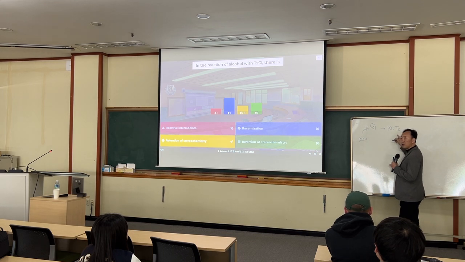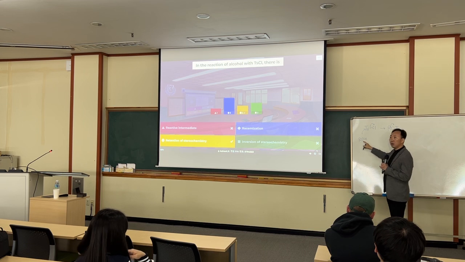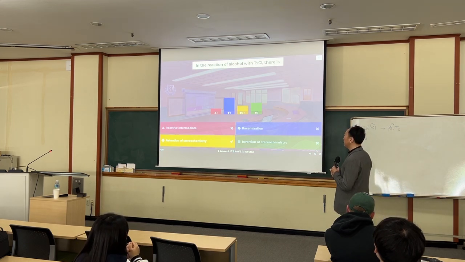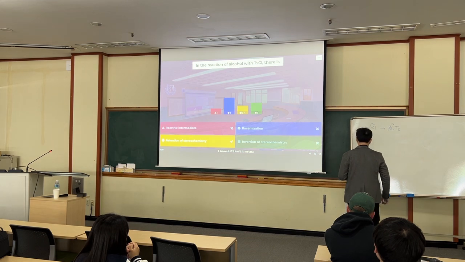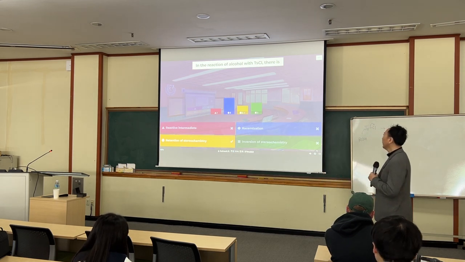This intermediate is formed. Next step, nucleophile will attack here and then release the whole tosylate, including this oxygen. So this is activating of alcohol, the hydroxyl group, and that forms an intermediate, but it's a separable, not super reactive intermediate.